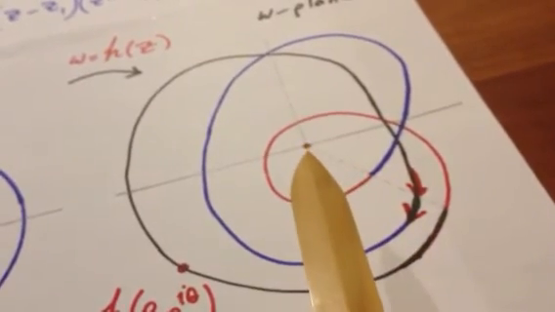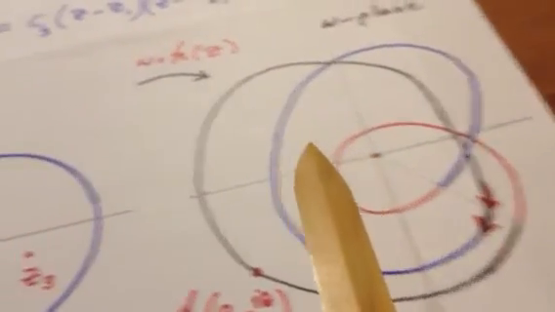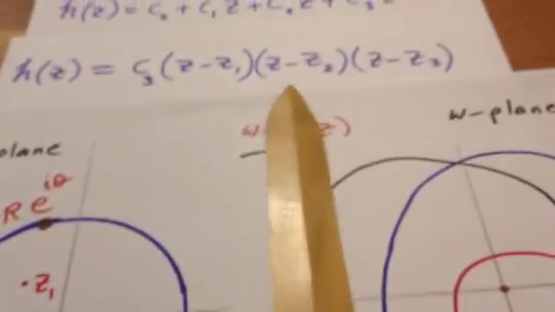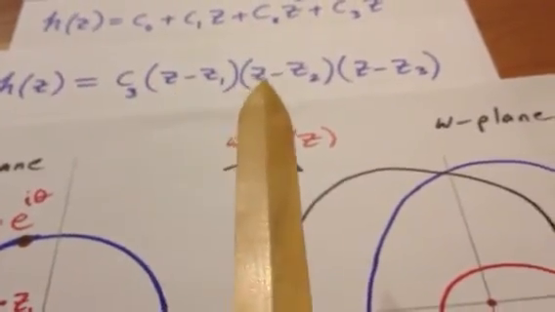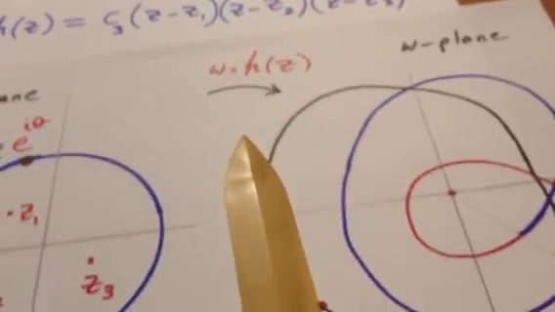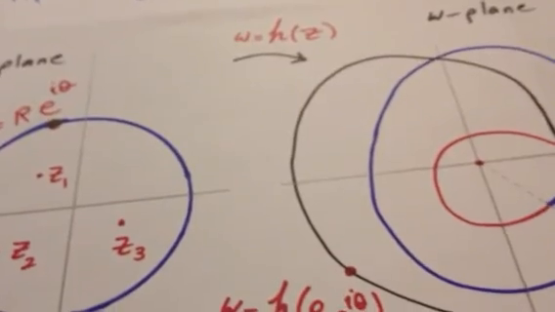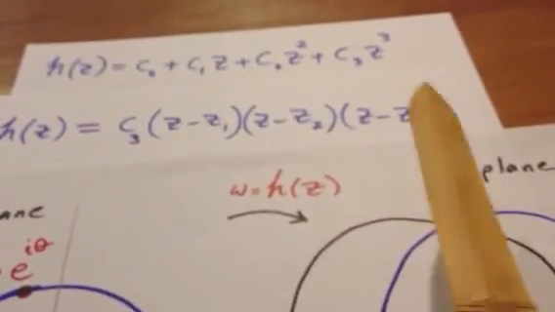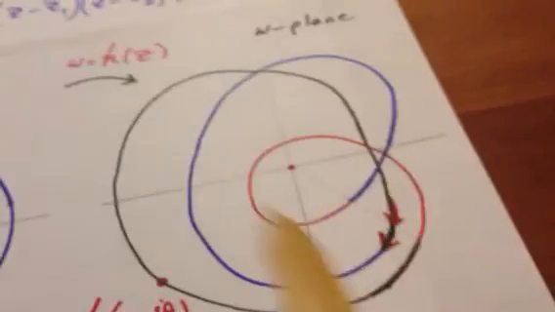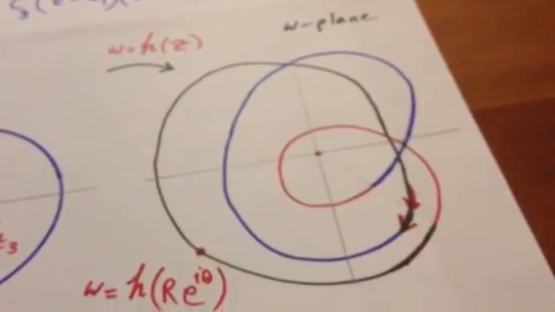And of course, this is the origin, and the origin is the image of these 3 zeros, because if you put in z1 here or z2 there or z3, you get 0. So this is one principle that makes the assumption that we can actually factor a polynomial, and then we try to understand the winding principle here.